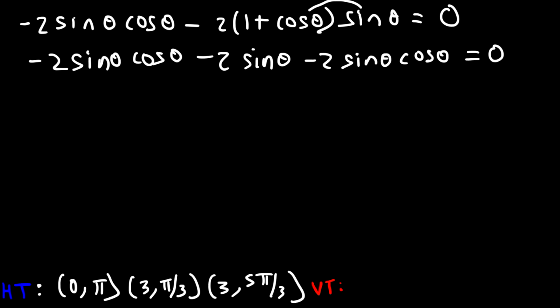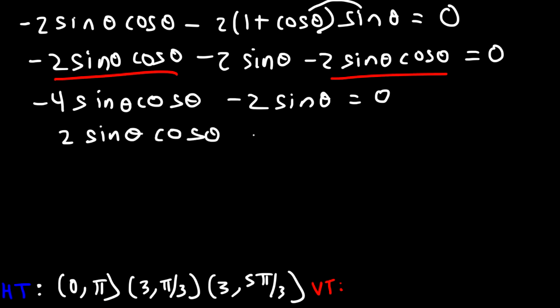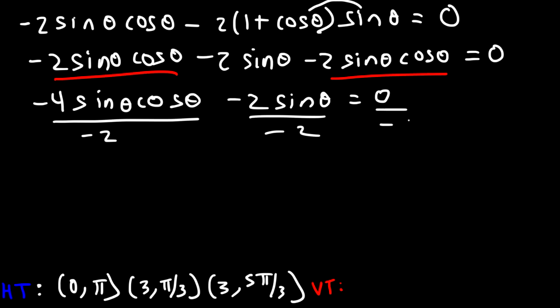So now we need to combine like terms. So we can combine those two. And so we're going to get -4 sine theta cosine theta, and then minus 2 sine theta. And so that's equal to 0. Now let's divide everything by -2. So this becomes 2 sine theta cosine theta. If you want to show your work, for those of you who don't like to skip steps, you can do this.